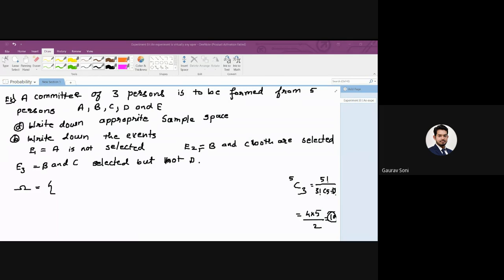Fine. So let's write down the sample space. We need 10 elements, remember that.